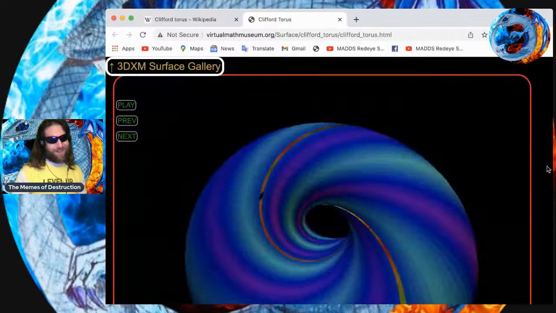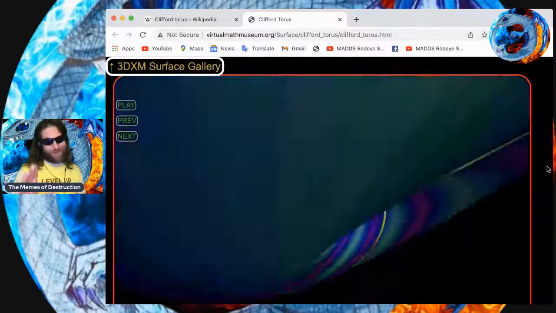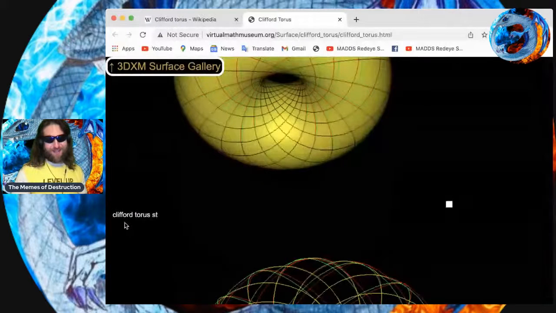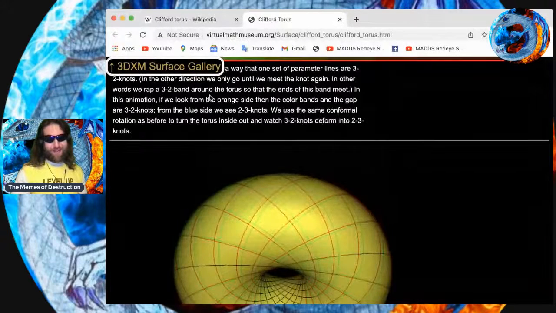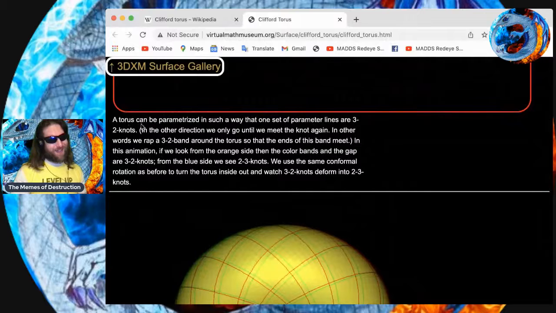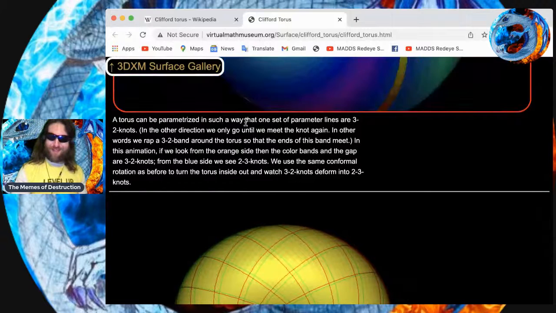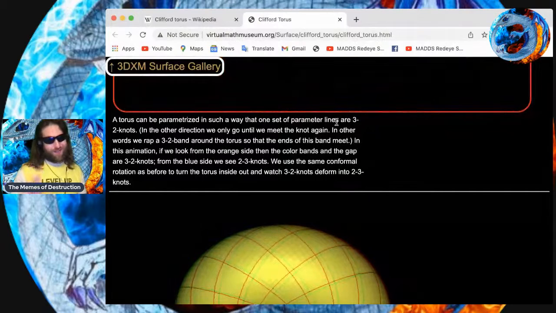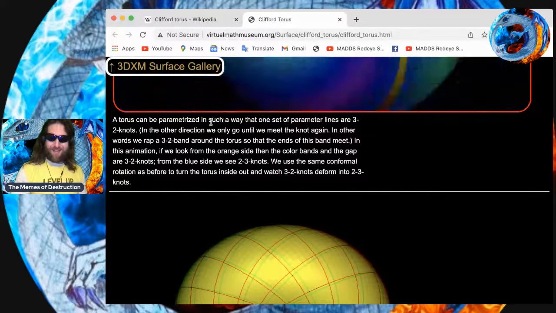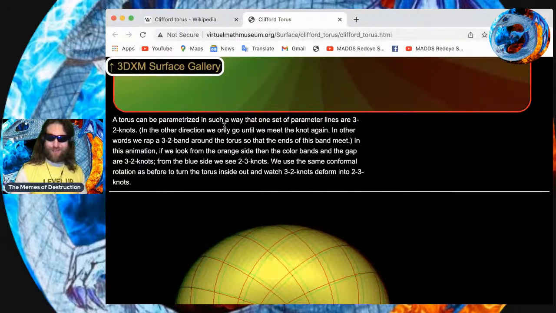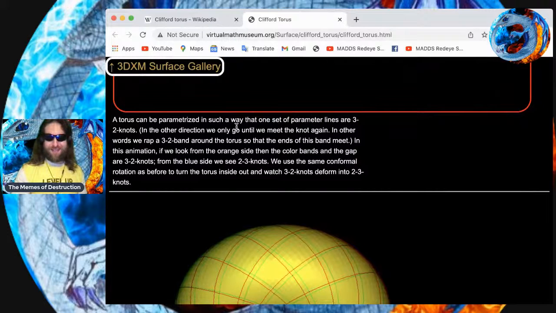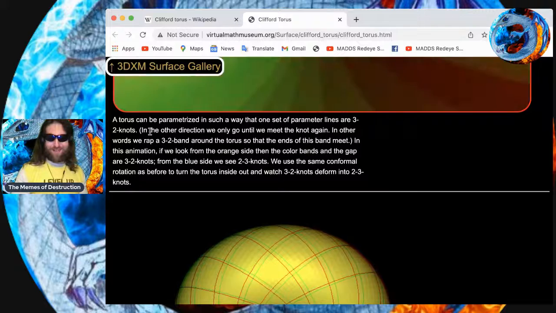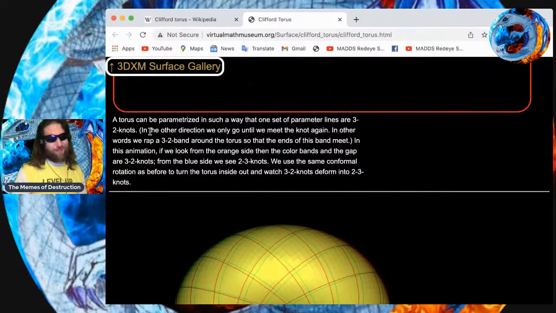And again, I'm not necessarily verifying this is exactly what's going on, but once we start getting down to this stuff, I also found this interesting. A torus can be parameterized in such a way that one set of parameter lines are 3,2-knots. In the other direction, we only go until we meet the knot again. In other words, we wrap a 3-2 band around the torus, so the ends of the bands meet.